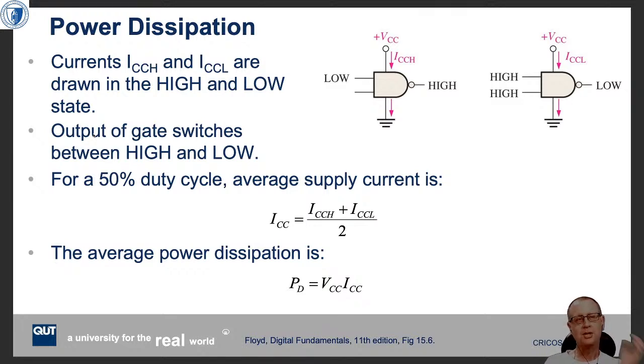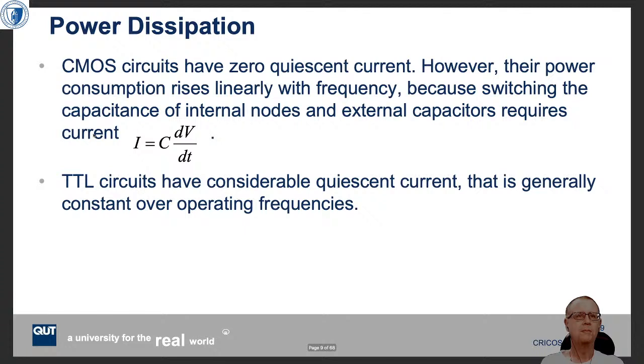Probably also different depending on the input values. In this case, if we assume that the duty cycle is 50%, meaning the output is high half the time and low half the time, we can just take a simple average of the two current values, and then figure out the average device power dissipation.